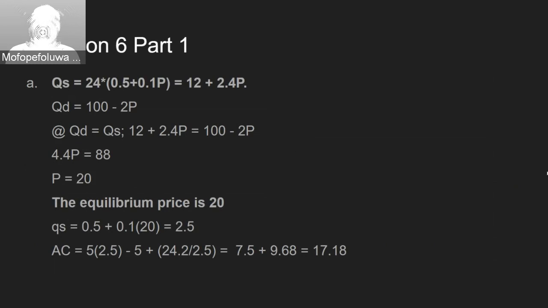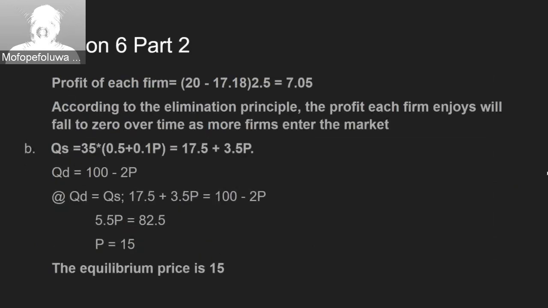Using the fact that the equilibrium price is 20, we can find the individual supply of each firm, and then use that to find the average cost.